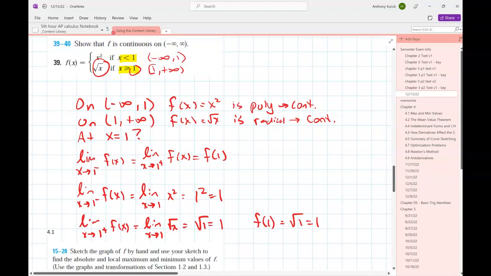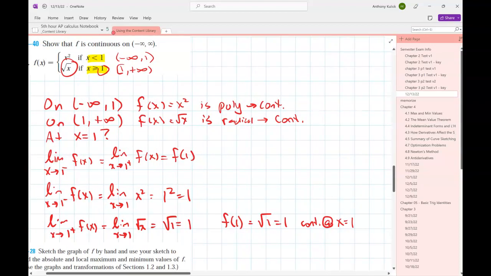So I know that we are continuous at x equals 1. So that means we are continuous from negative 1 to 1, at 1, and then from 1 to positive infinity, so we're good.